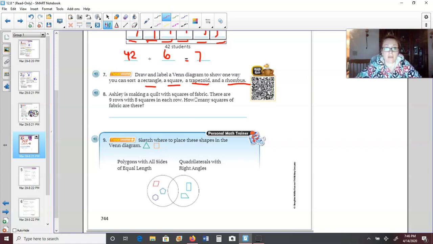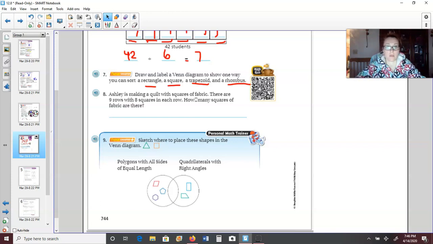Sides that they have, and now, does the trapezoid have right angles? The ones that had right angles. No, so the trapezoid belongs here. Next, we have the rhombus. And the rhombus has a pair of parallel sides here and a pair of parallel sides here. What about the angles? Those are not right angles. So our rhombus also belongs here.